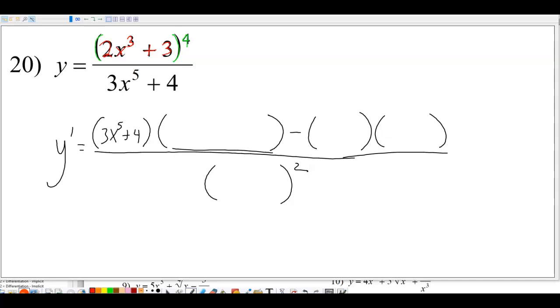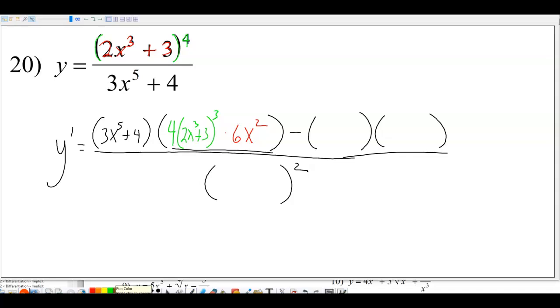So to take the derivative of the top, we're going to have to do the derivative of the outside times the derivative of the inside. So the derivative of the outside, that's the green part, would be to move the power to the front and to take 1 off of the power and leave the inside the same. The derivative of the inside would be 6x squared.